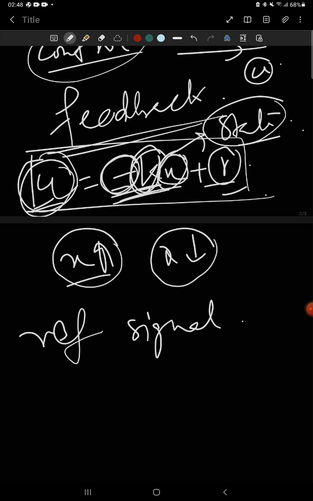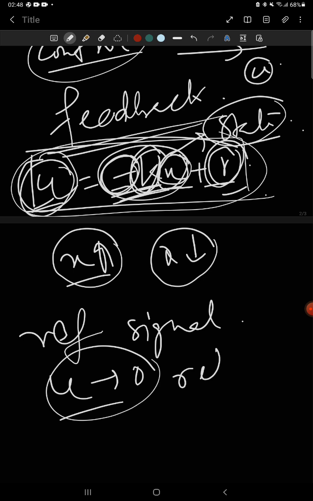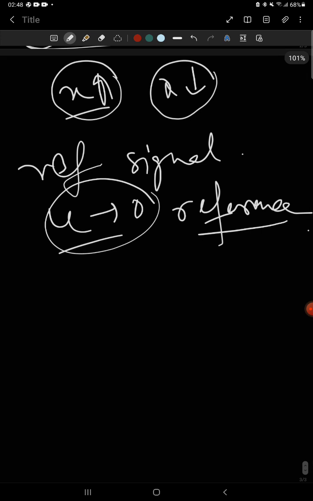So when this minus kx is 0, this r ensures that my u does not directly go to 0, right? It stays at some reference.